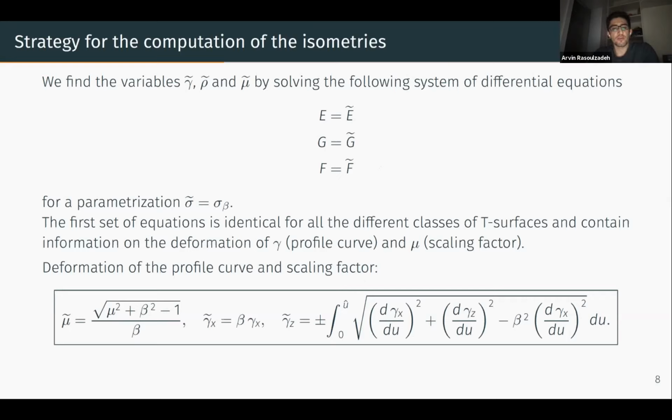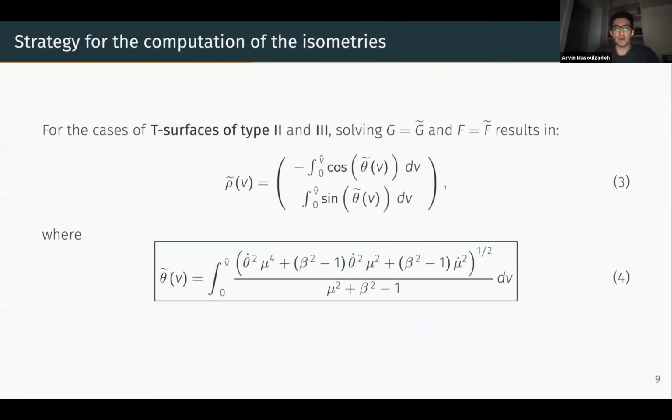So solving this differential equation results in knowing how our scaling factor would change and how our profile curve would deform, for which I have given you the formulas in the boxed version here, which if you compare with Jonas's formulas, you would see that they have a close resemblance. The rest of the differential equations allows us to obtain the deformed version of the prism. So they would let us know how the prism gets deformed.